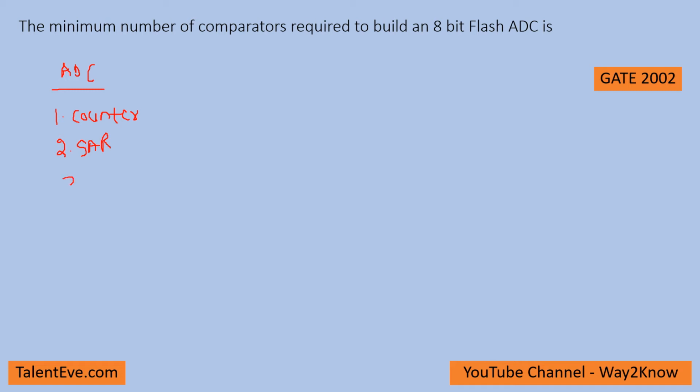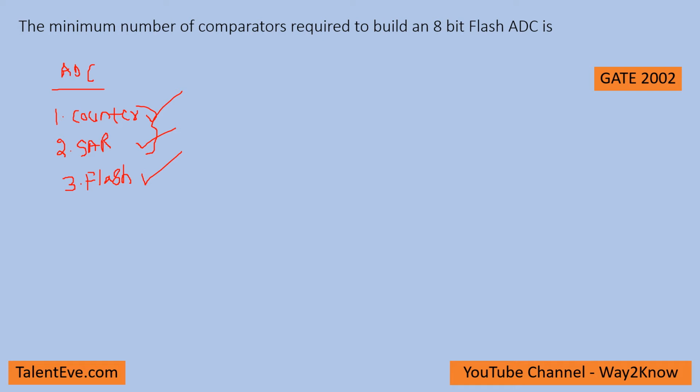And then another ADC is the flash type ADC. One of the major disadvantages with either the counter or SAR is that they are a little time intensive. Counter takes too much time. SAR is okay with respect to conversion time, but flash is one of the fastest ADCs in the market.